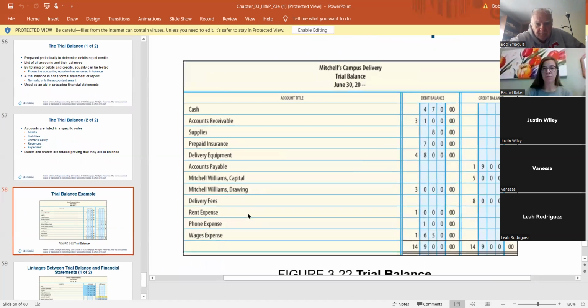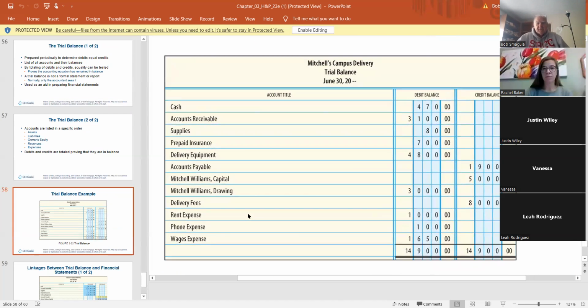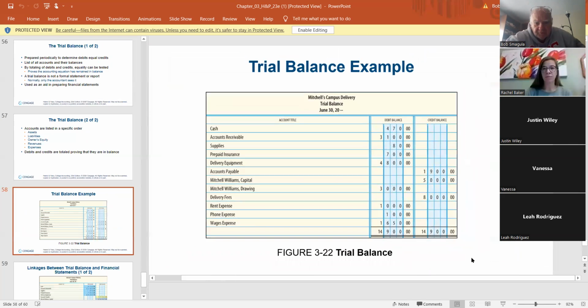And take a look at the trial balance. Well, the first thing, we can look at the bottom, 14,900, 14,900, that adds up, huh? We're in balance. So that seems like a good thing. Where did we get these numbers?